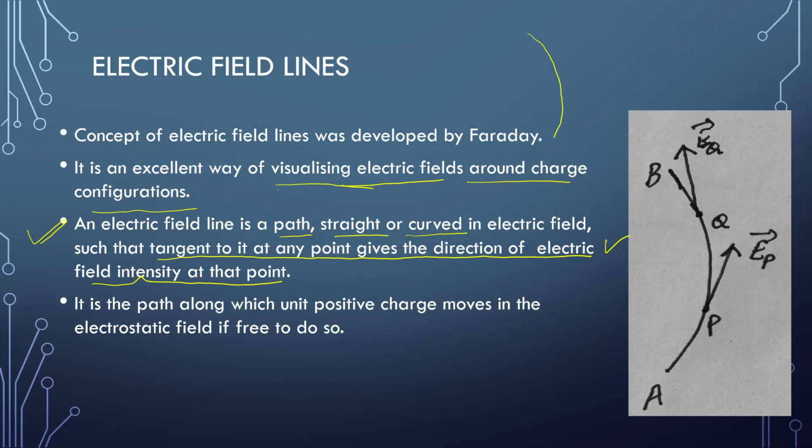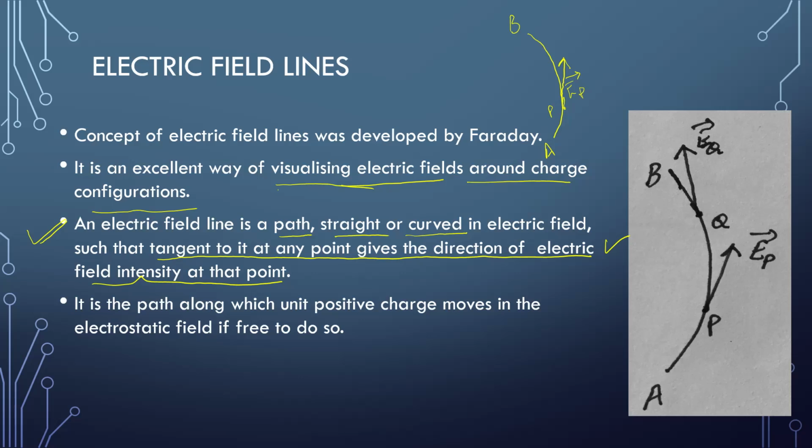For example, AB is the electric field line I am talking about. I take a point, let's say P over here. The tangent at point P to the electric field line will be this particular tangent, right? So this EP vector is the direction of the electric field intensity at the point P.